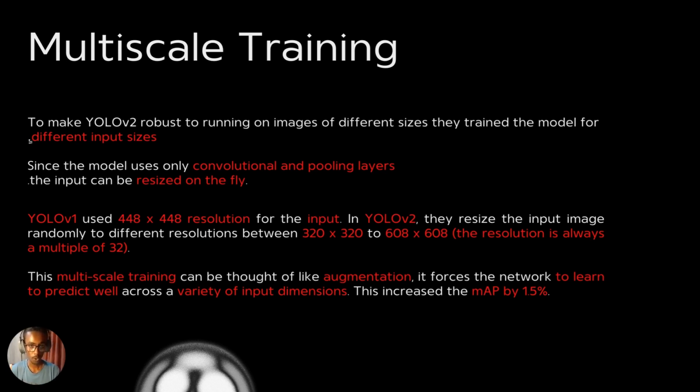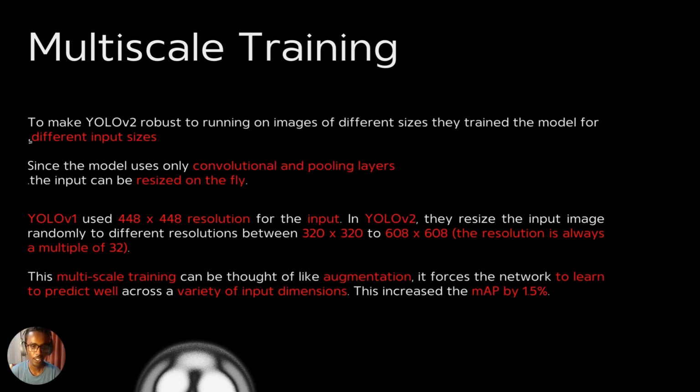And it forces the network to learn to predict well across a variety of input dimensions. And this increased the mean average precision by 1.5%. Because when you use multi-scale training, it adds an effect like augmentation.